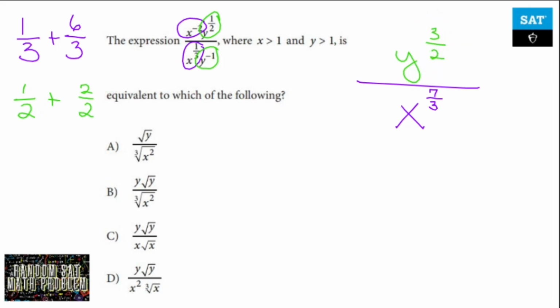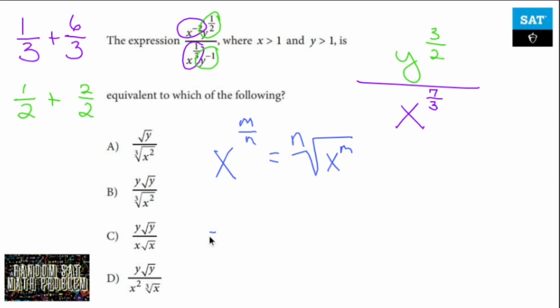Numerator, numerator, numerator. Now another fun rule is if you have a fraction for an exponent, this is what I meant when I said we'll deal with it in a second, and then I changed it to a minute. If I have x to the, we'll say m over n, x to the m over n is the same as the nth root of x to the mth power.